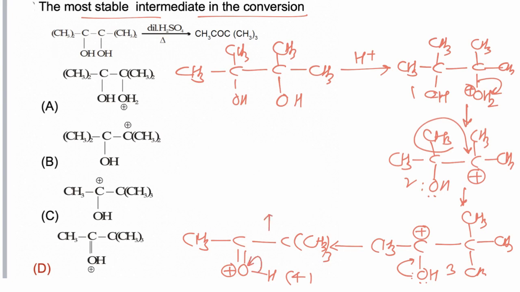Finally H proton will be removed and this molecule will be converted to CH3CO, C, CH3 whole thrice. So this is the final product. Now out of given various intermediate 1, 2, 3 and fourth is most stable, so correct answer is D.